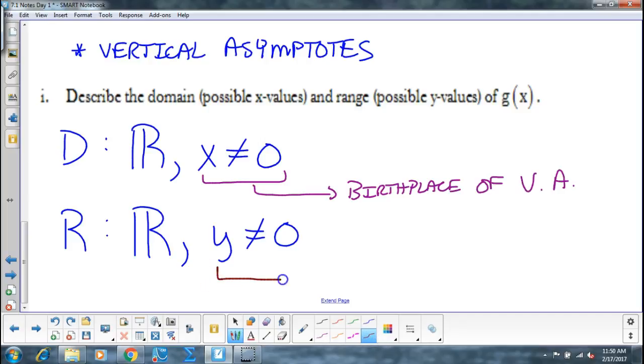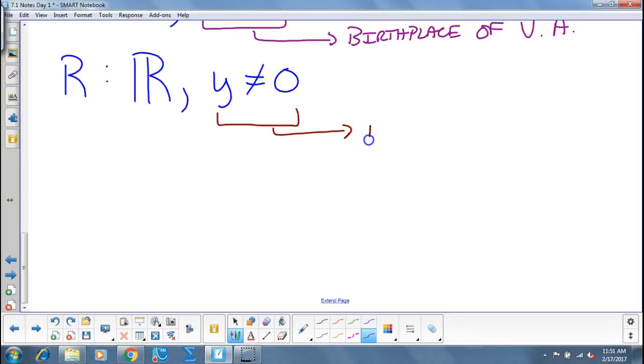This part down here is just a hangout of your horizontal asymptotes.